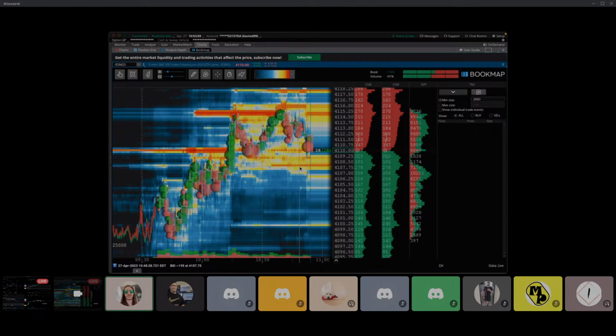Got a set of buyers at 4107. I don't like that. Let's go with this. That was a nice sell-off. Look out, might be a double bottom here.